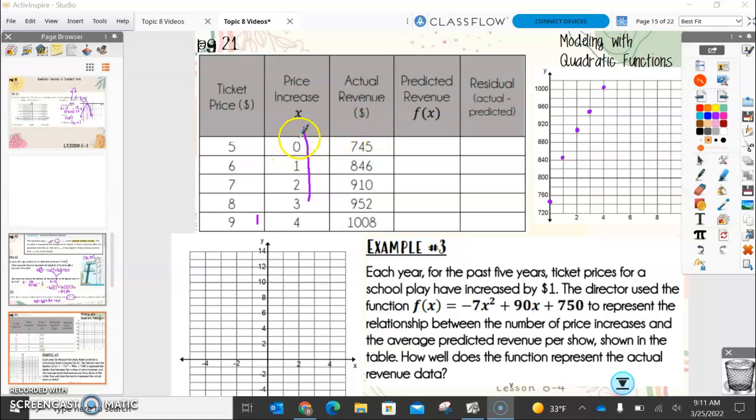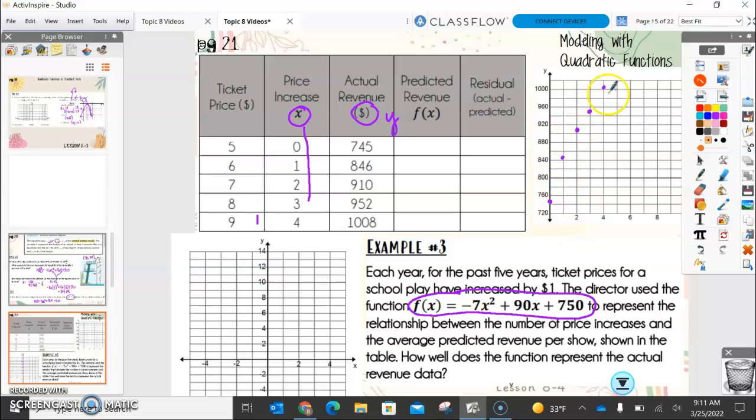So by a quick plot of our x's being the x values and our revenue being the y values on this graph, we see that, yeah, it kind of looks like it might be a quadratic. Now, think about that. If they raise the price too much each year, people will possibly stop buying it, and it could reduce your profit. They're going to tell you that the director is using this equation to estimate their profits.